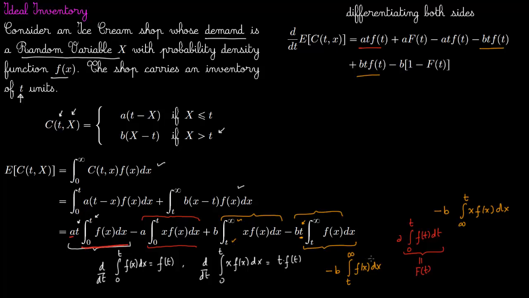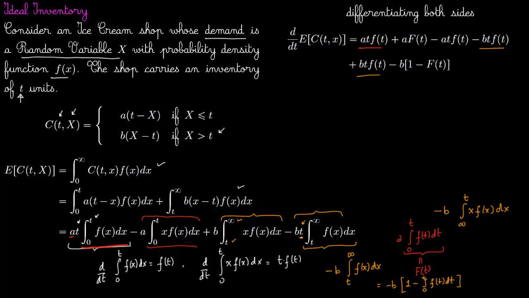Now t to infinity is nothing but, you can rewrite this as minus b times the entire area minus the integral from 0 to t f of x dx. Because this entire area is nothing but 0 to infinity.